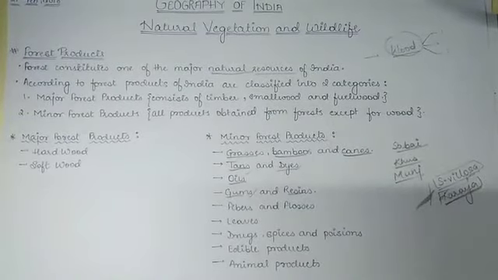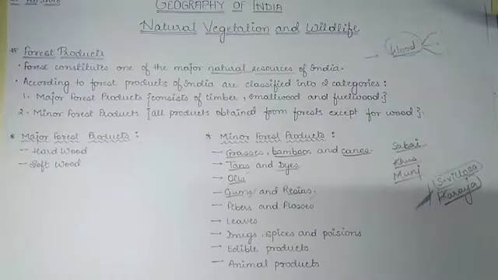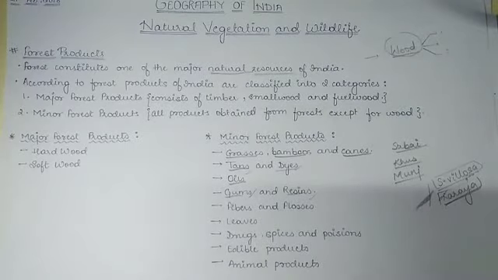Now talking about resins, resins are mainly obtained from pine, which is grown in the Himalayan region in Arunachal Pradesh, Uttarakhand, Himachal Pradesh, Jammu and Kashmir, and some part of Punjab. The resins are separated after distillation.